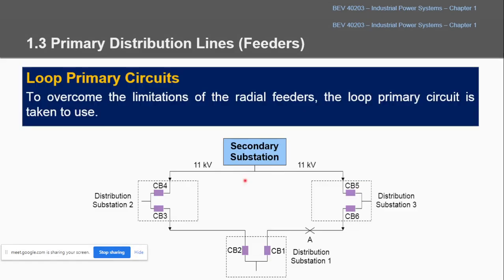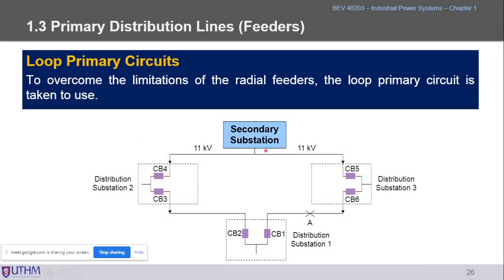And the loop is like this one. You loop everything here, but the source is still from one source only. You only have one incoming, but you loop your distribution substations like this. Let's say you have a fault here, so the circuit breaker here will trip, and the circuit breaker here will also trip.